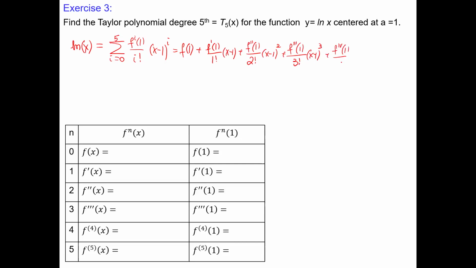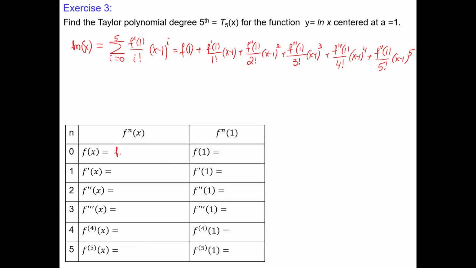The fourth derivative at 1 over 4 factorial, times x minus 1 to the power of 4. And the fifth derivative at 1 over 5 factorial, times x minus 1 to the power of 5. Whatever I do, I recommend that you do the same: say it aloud and list all of the terms. This table will help us organize all of the functions and derivatives, and then their values at 1.